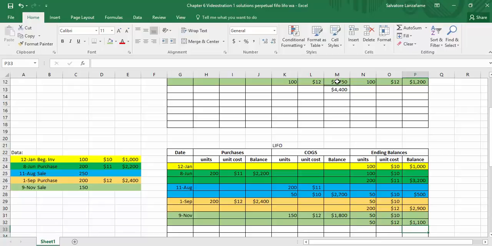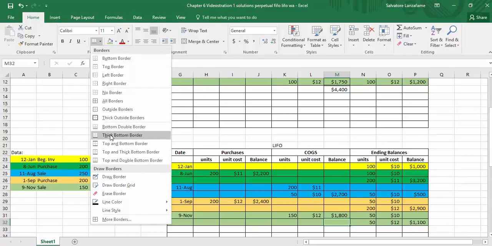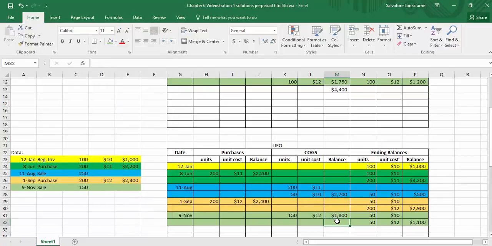Remember when I did the math up here and came up with a total of 4,400? Well, if I were to add those up under the LIFO, 2,700 plus the 1,800, you get 4,500. So notice we have more cost of goods sold under the LIFO than we did under the FIFO.